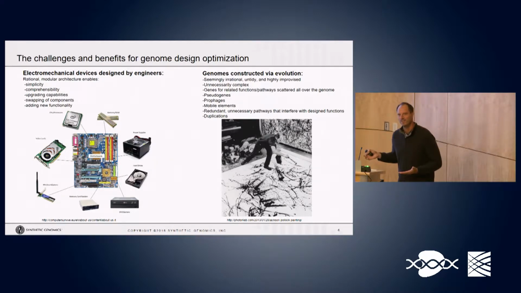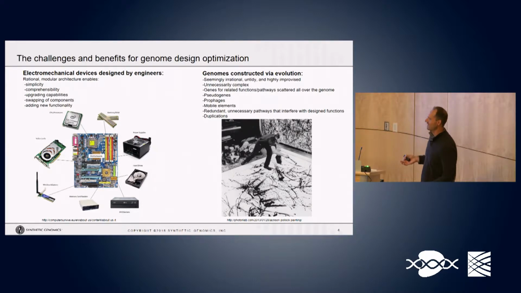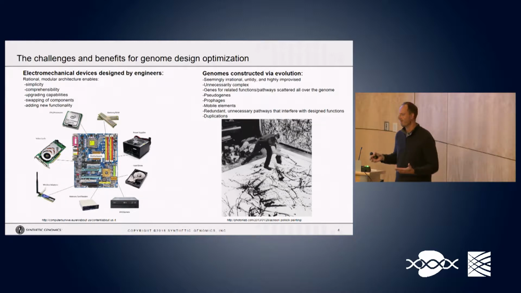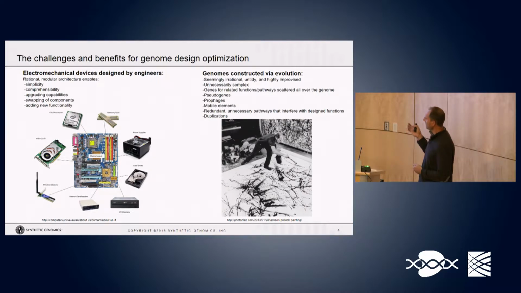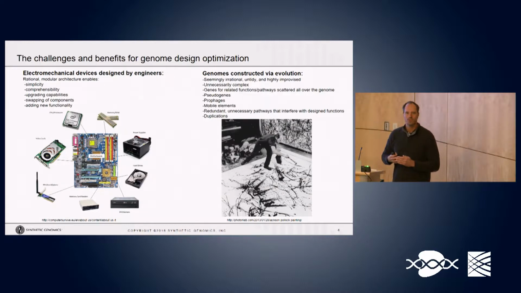And so they are seemingly irrational, untidy, and highly improvised. Our goal is to change this. We want to rationally design a genome from the bottom up. We want to get rid of all of the stuff that we don't need, and all the stuff that we do need, we want to modularize that.